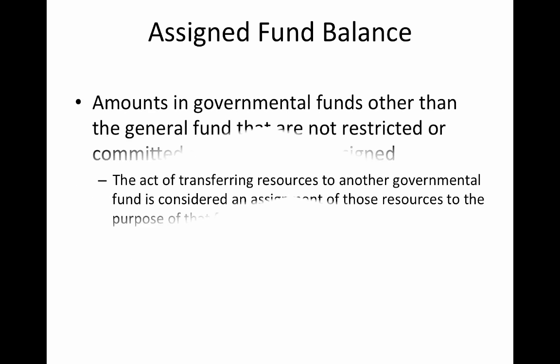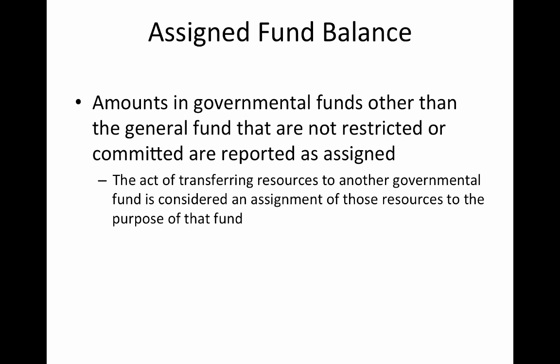And then lastly, unassigned fund balance is everything that's left over. And so basically, the amounts that can be used for any purpose, they're completely unspoken for. The only place you should see positive unassigned fund balance is in the general fund.